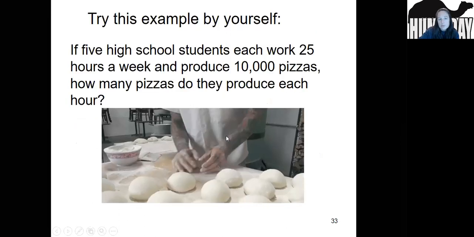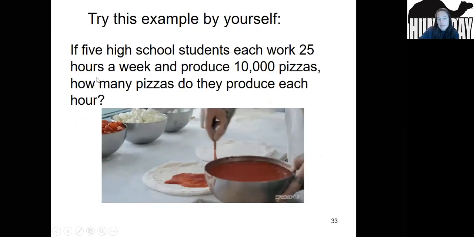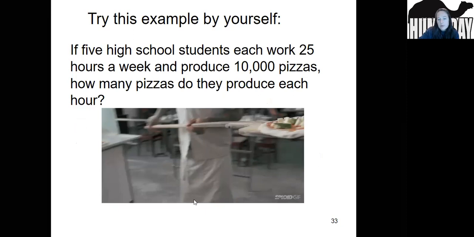Okay, we're going to do another one. We've got 5 high school students. Each works 25 hours a week and produces 10,000 pizzas. Pizzas are what they're making, so your 10,000 will go on top. Each student is working 25 hours, and you've got 5 kids, so it's 5 times 25 equals 125.